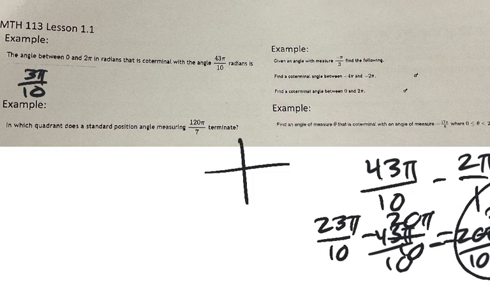Let's start by writing my original, and then to find a coterminal angle, I need to subtract 2 pi. This time, 2 pi would look like 14 pi over 7. So I could do this a bunch of times to try to figure it out.